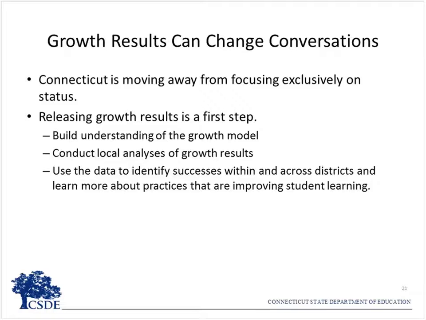For growth calculations, we are not including exited ELs. We are only including current ELs, or current students with disabilities. So if they were previously students with disabilities last year, but in the second year of growth, they're not a student with a disability, then they're not part of that subgroup.